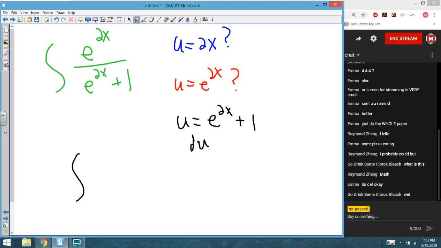So if we look at du now, we have 2e to the 2x dx. We divide by 2 on both sides, and we're good to go.